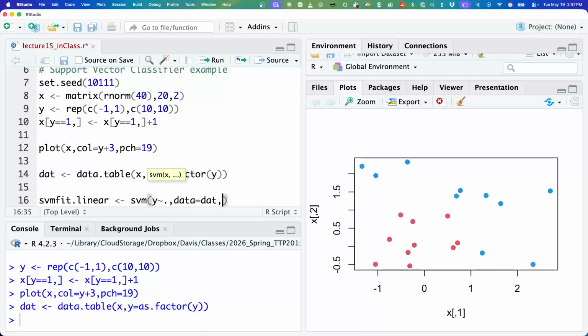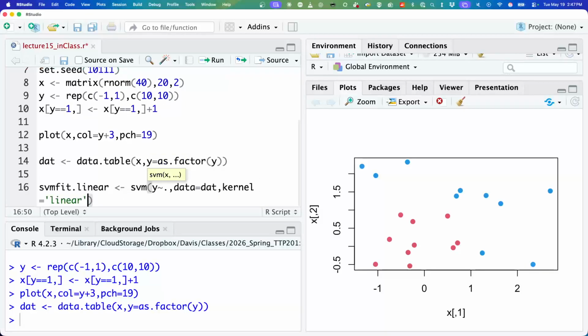Now, if you want the hyperplane to be a straight line, we're going to use a linear kernel. And I'm going to set a budget of, not a budget, a penalty of 10.